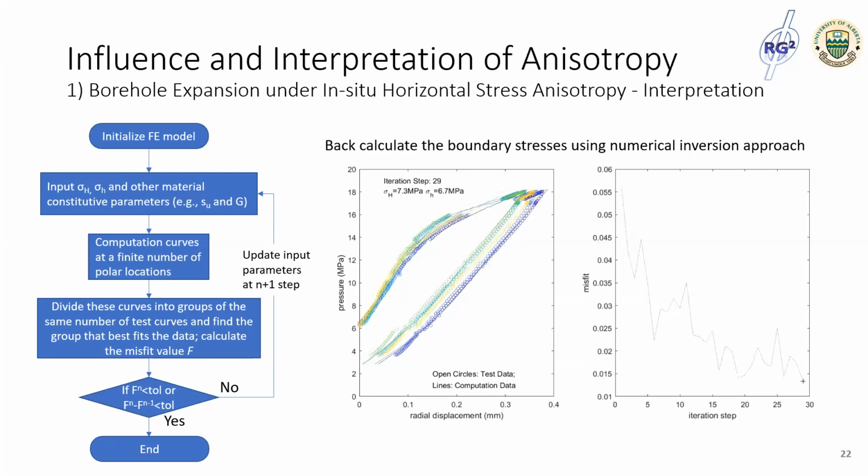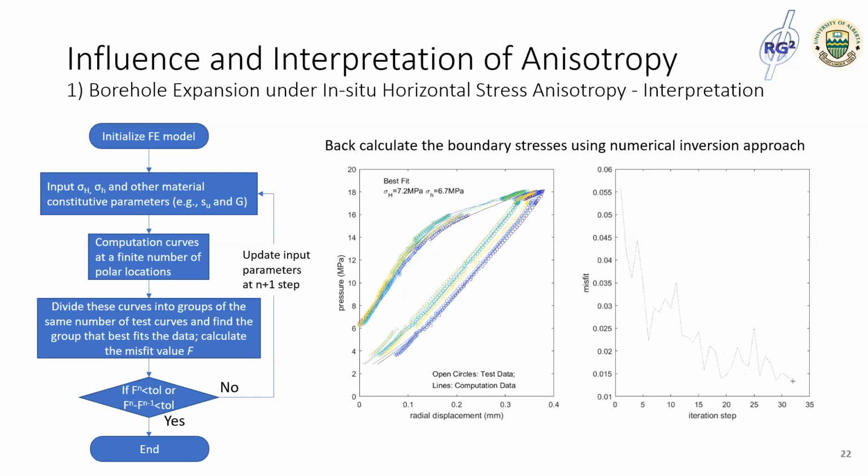You can see the misfit is minimized through about 30 iteration steps, and it found the best model fit for the test data from the Colorado Clay Shales.